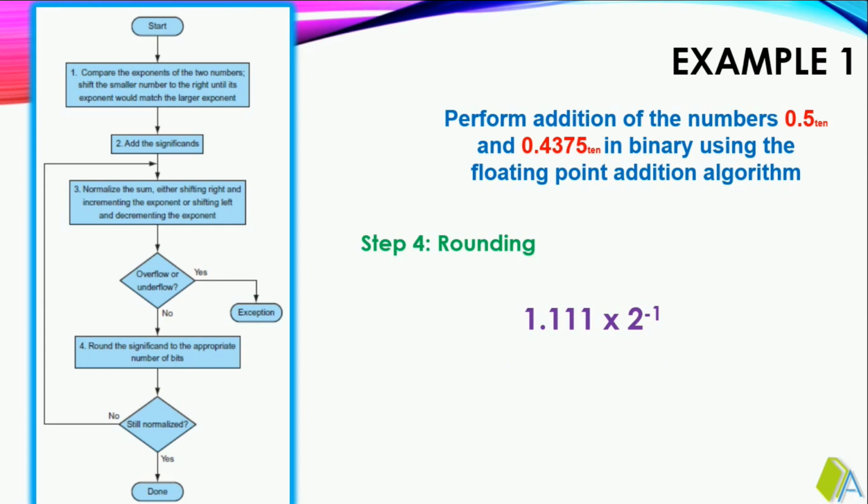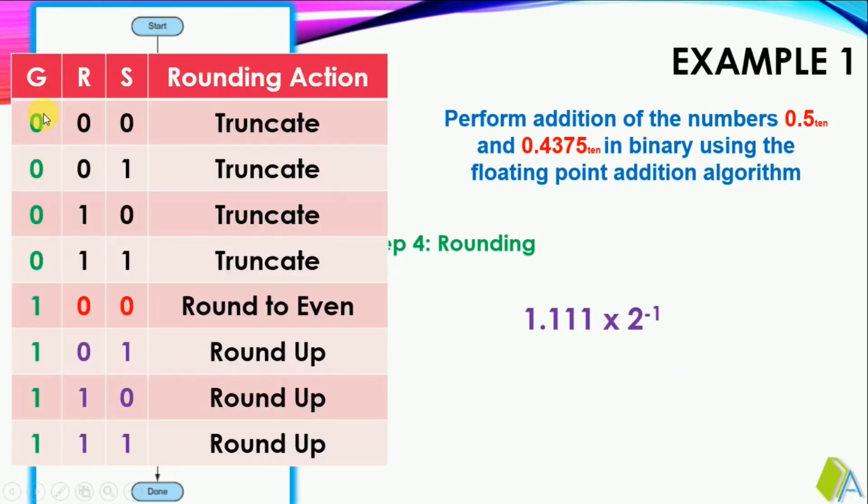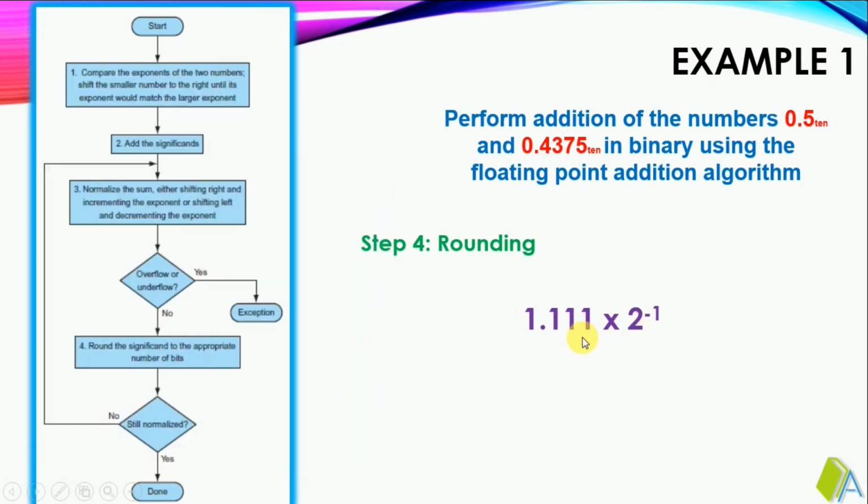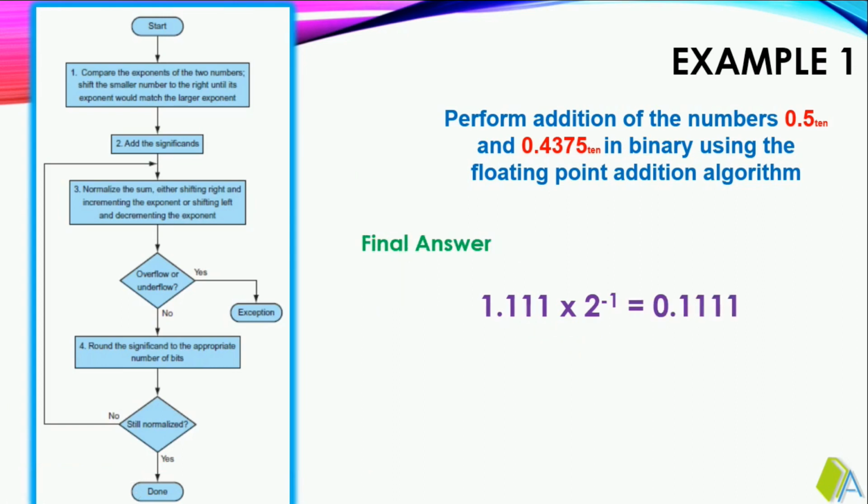Already I have only 4 bit positions in the result, so no need to perform rounding here. If you have further bits in your result, then you have to make the decision of rounding based on guard, round as well as sticky bits. In this example, I don't have any guard, round or sticky bits, so I need not perform any rounding. So this will be my final answer.